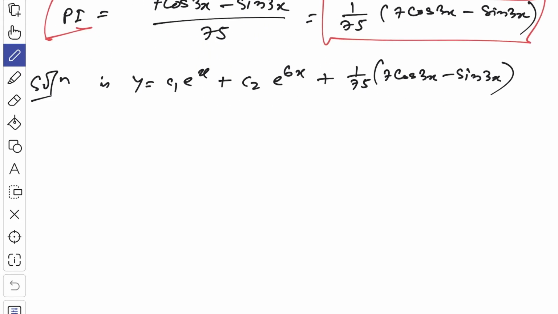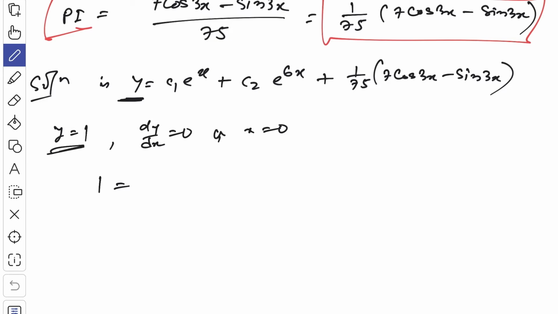But also given that y is equal to 1, and dy by dx is equal to 0 when x is equal to 0. So if you put here y is equal to 1 when x is equal to 0, then what you will get? That's why these two will be 0. Okay, so then you will get C1.